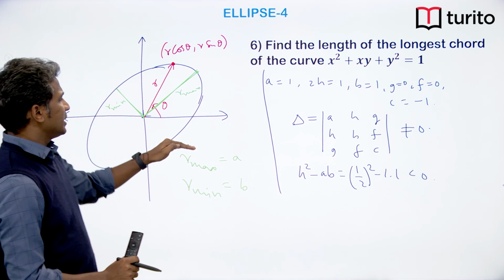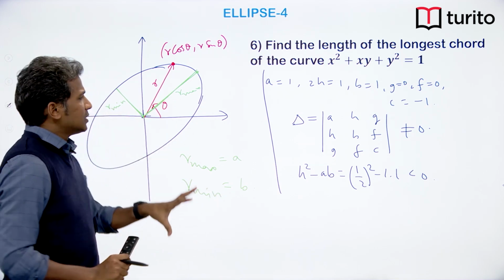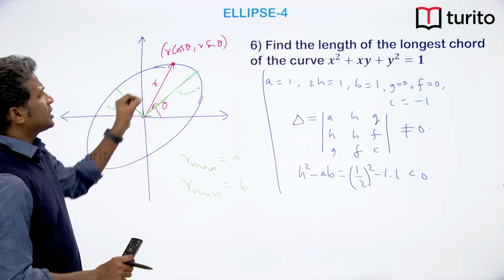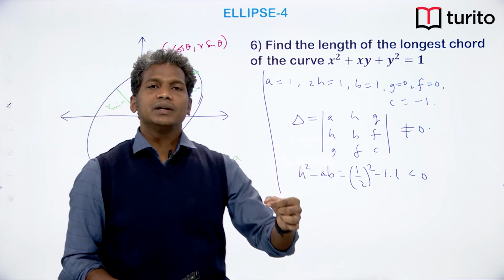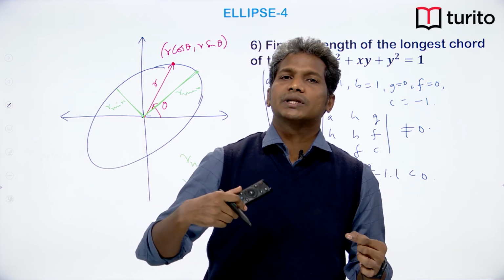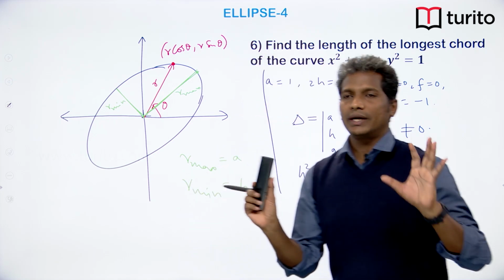Now we got the semi-major axis and semi-minor axis geometrically here. So what it means is the farthest point from the center must be one end of the major axis, and the closest point from the center must be one end of the minor axis. That is the whole idea.